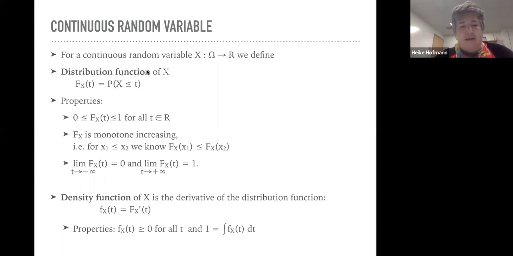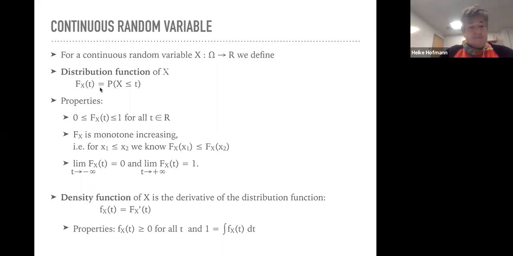We define a distribution function F of x, or F_X of t, as the probability to have at most t. So for Dottie, let's say t could be 10, the probability to see at most 10 pints of goat milk is given as F_X of t.